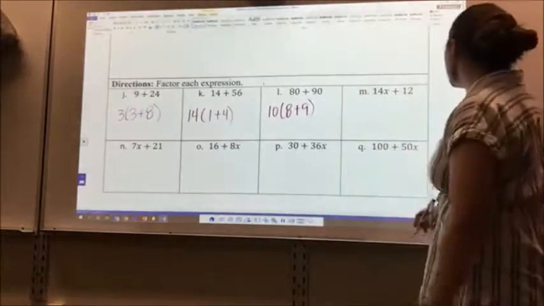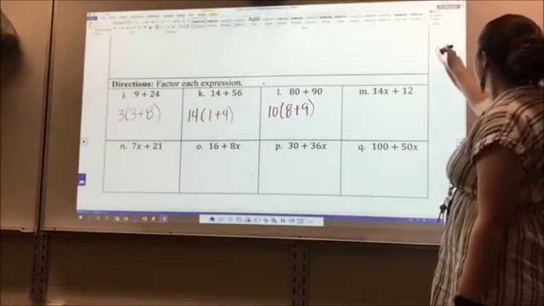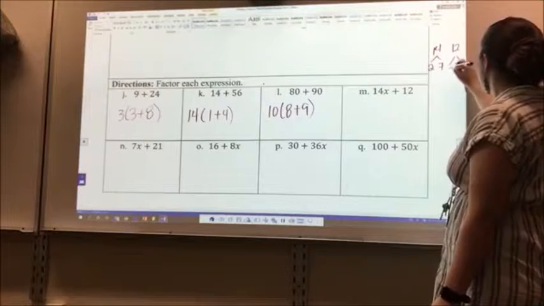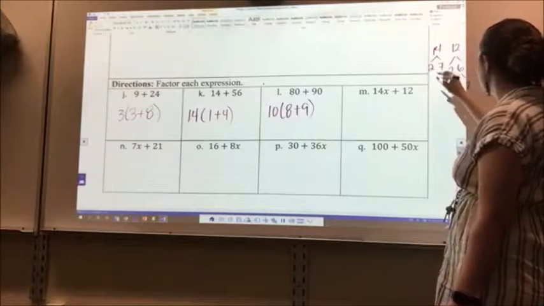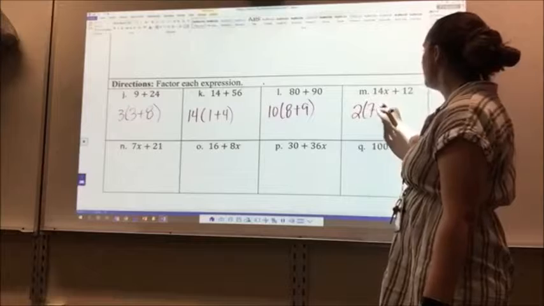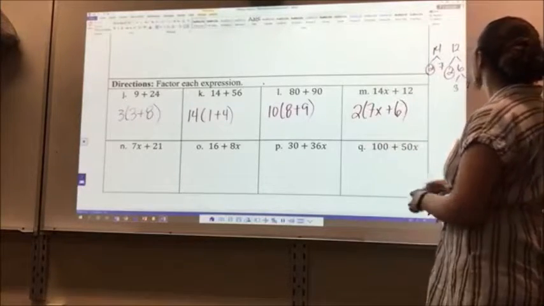For 14x plus 12, so 14, I have 2 and 7. 12 is 2 and 6, which is 3 and 2. So they both have a 2 in common, so 2 is what I can factor out. I have 7x left, plus 6.